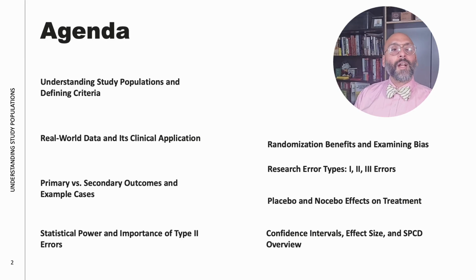And then finally, we'll talk about placebo and nocebo effects, followed by a focused discussion about confidence intervals and effect size, and why psychiatry uses trial designs like the sequential parallel comparison design, SPCD, to manage expectancy, that is to say placebo effects. Everything in this lecture supports one core skill: being able to decide whether a study is meaningfully applicable to the patient in front of you, and to explain that decision clearly.